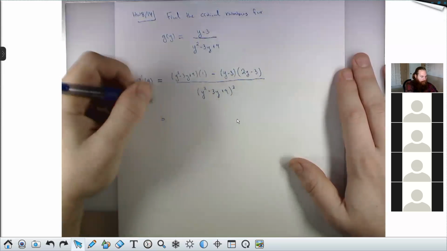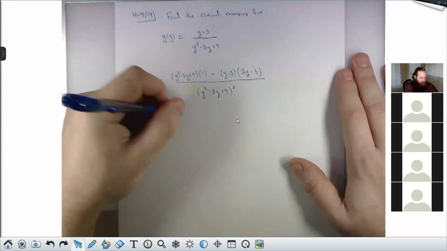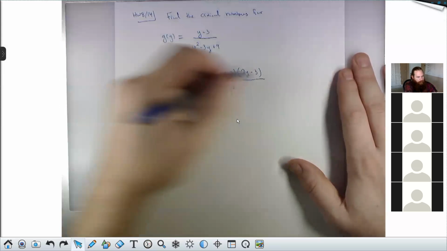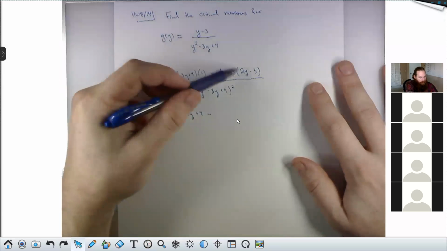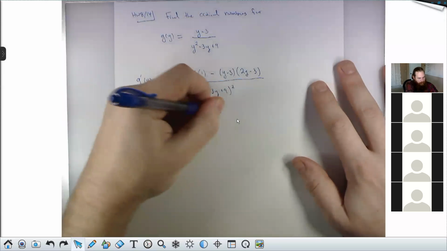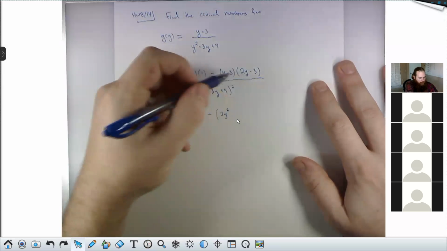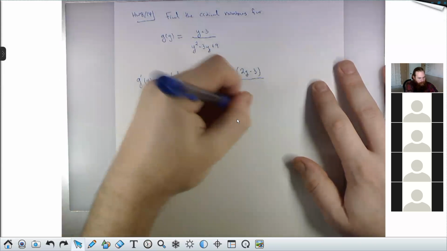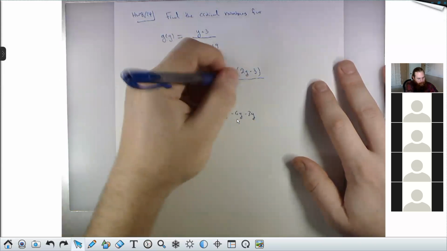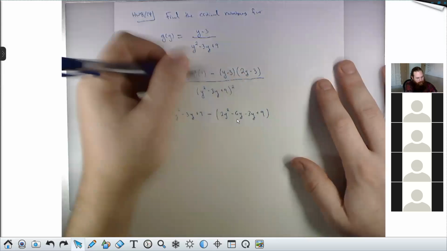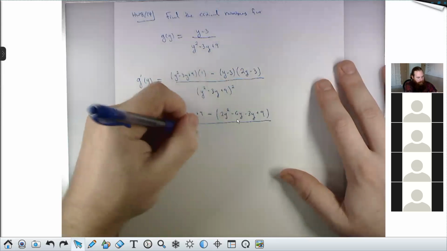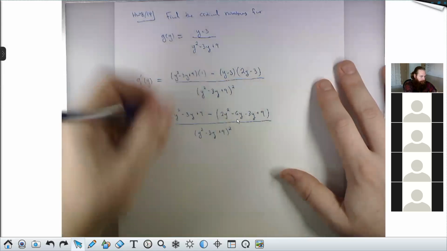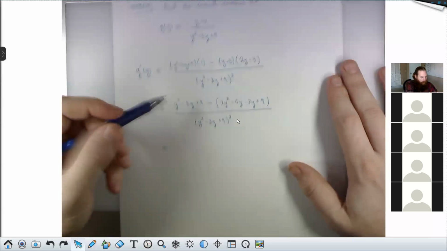And I can clean this up a little bit. I'll distribute over here. So this is 2y squared minus 6y minus 3y plus 9. So what do I get?